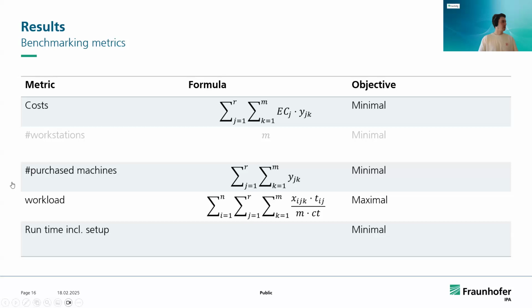And then we looked at the amount of purchased machines, the workload, which is like the idleness of the assembly line. So it's better to have few machines idle while running the assembly line, because that would speak for us having too many machines, maybe. And then also we looked at the runtime, so the solution runtime of the optimization.